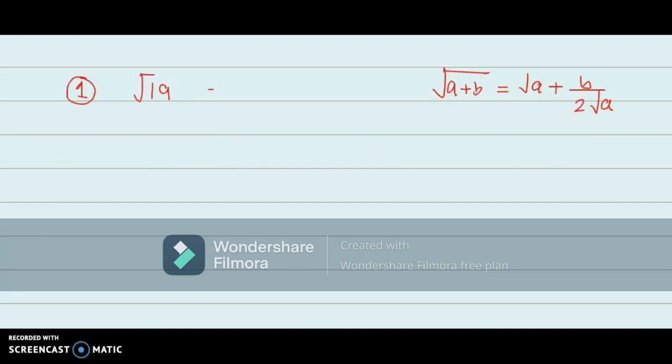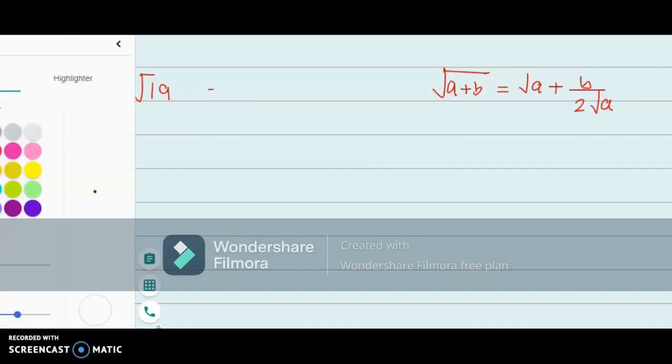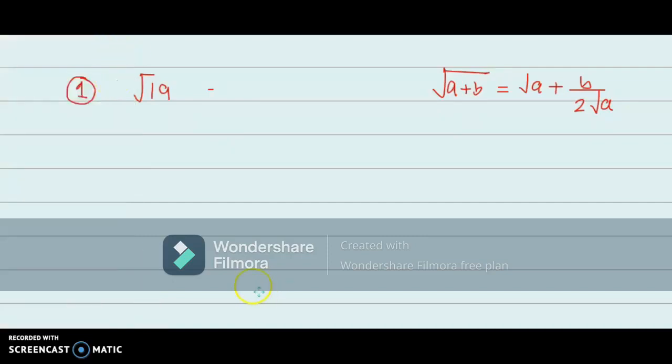The first question that we see here is the square root of 19. We know that 19 is a non-perfect square. 3 square is 9, 4 square is 16, and 5 square is 25.